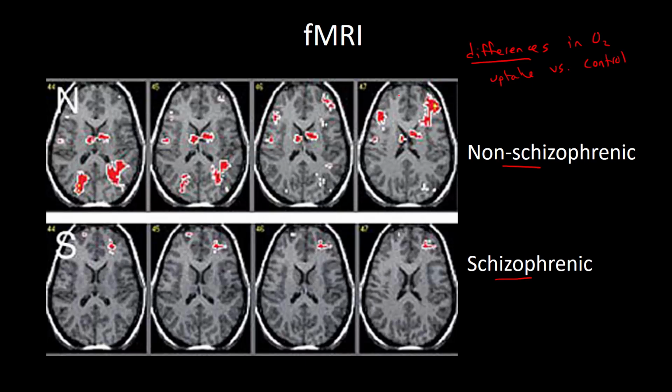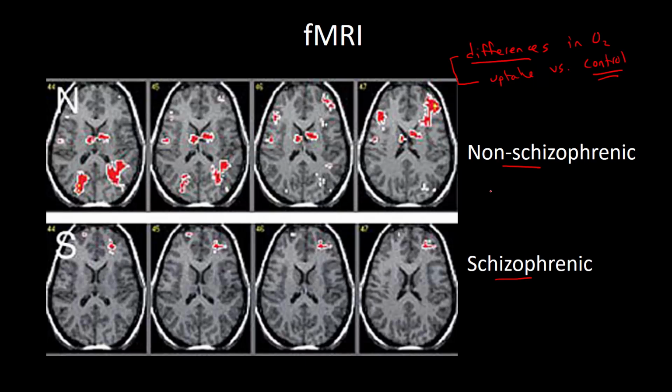But it's the same amount of oxygen as in this condition. Okay? Where we see red, that means there's more activity here in this patient than there is in this patient. Okay? So you have to remember what we're seeing with fMRI are differences versus the control condition. That's why this control condition is really important.